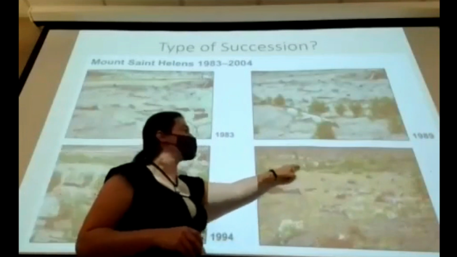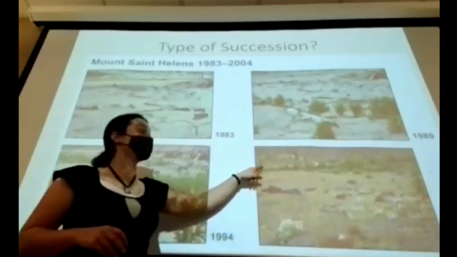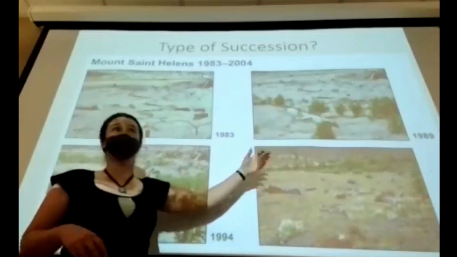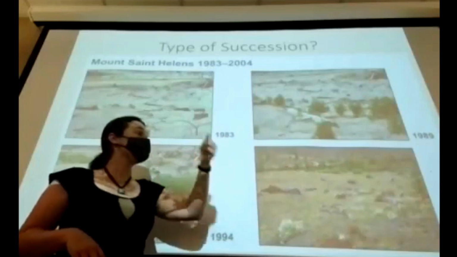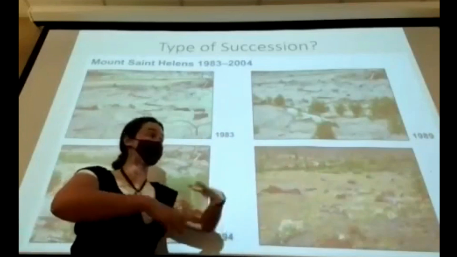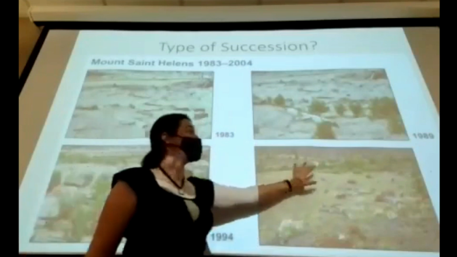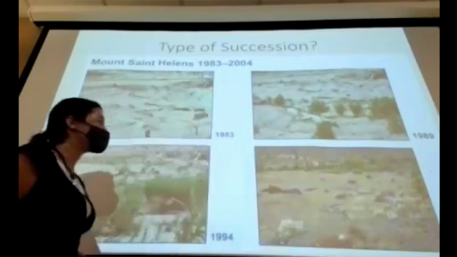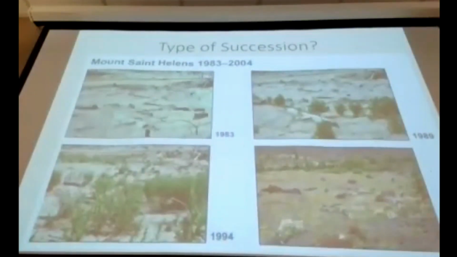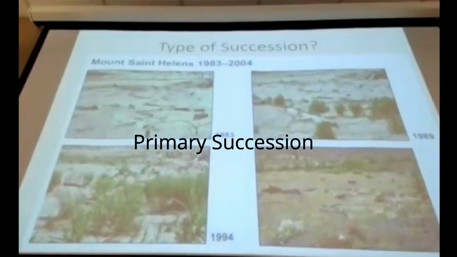The largest trees are right here along the road, right? So just like I said before, people bring seeds, right? We disperse seeds, and so that's probably what's happening there along the road. Okay. What type of succession is this? Primary or secondary? Primary, very good.